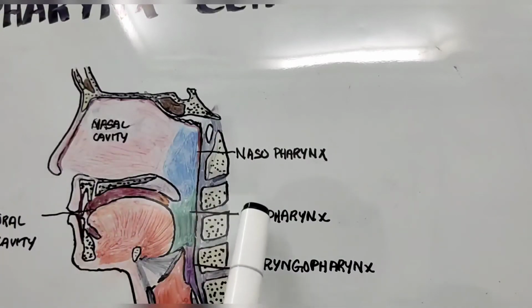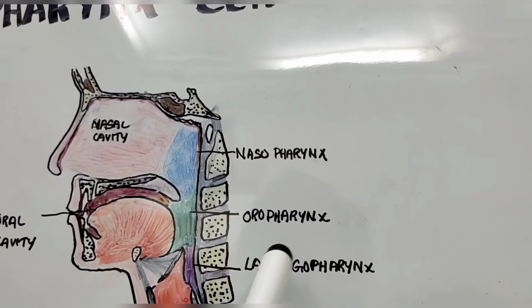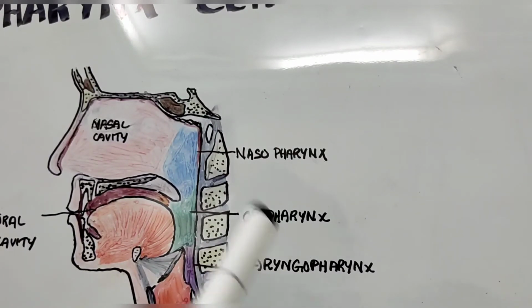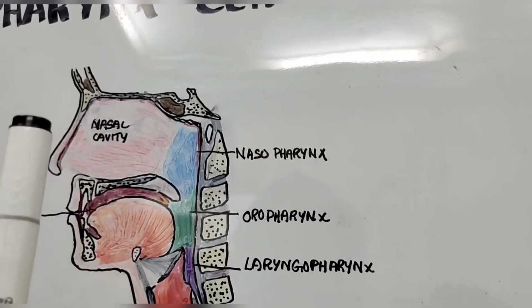The laryngopharynx is related to the pyriform fossa. What is a pyriform fossa? It is a fossa present on either side of the inlet of the larynx. It is a space where foreign bodies get lodged.